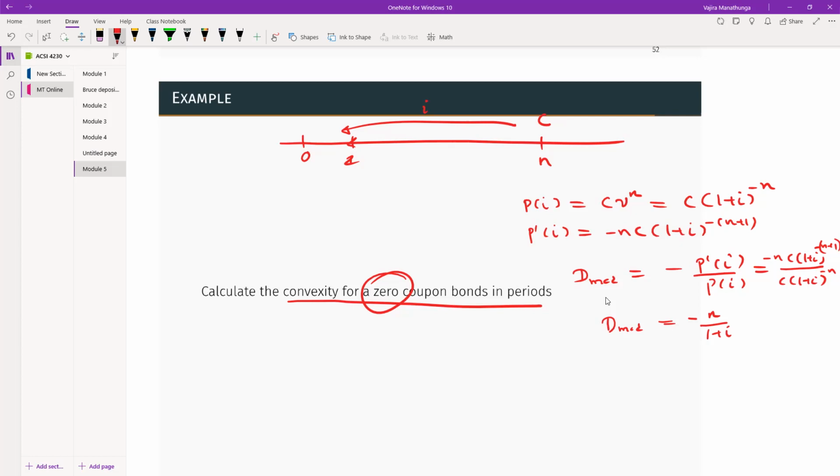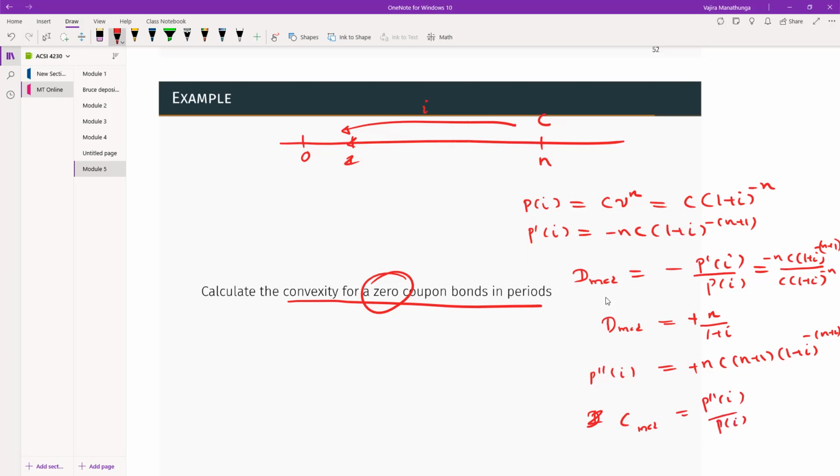Then the second derivative of this is n C (n+1) (1+i) to the negative n plus 2. If I take the convexity, that's the second derivative divided by price.